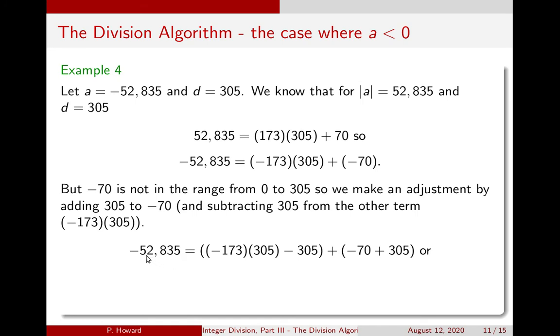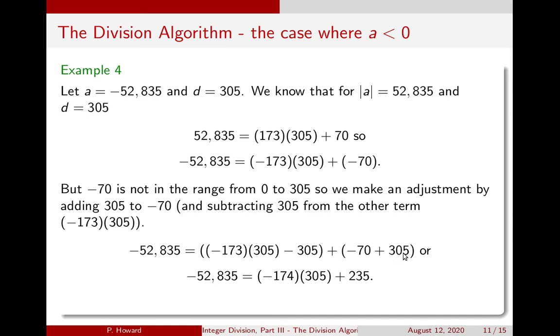So still minus 52,835 on the left. On the right-hand side, we have minus 173 times 305, and we have subtracted 305. And then the minus 70, and we have added 305. If you do a little bit of calculating in algebra, you get minus 52,835. Now if you combine these two terms, minus 173 times 305 minus another 305 will give us minus 174 times 305.